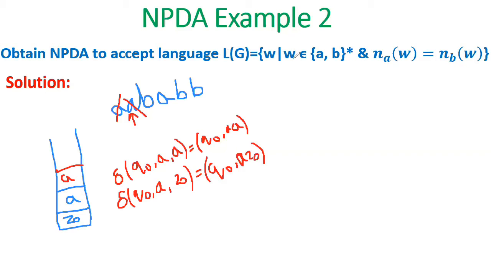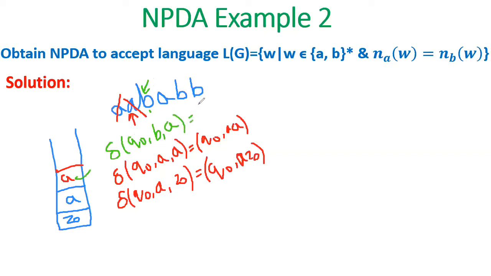So now what do I do? The new symbol that I have got is B, so you have to pop it. How do you pop it? Transition from Q0, your current state. The new symbol that you have got is B, and A is on top of the stack.